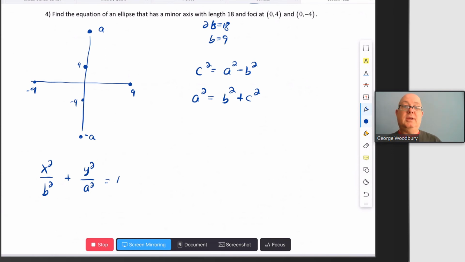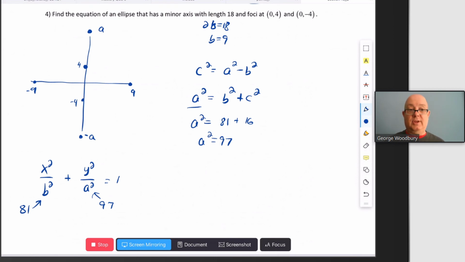We already know that b is 9, so this is going to be 81. When we solve for a squared here, we're going to have the other denominator. So here a squared equals 9 squared or 81 plus 4 squared or 16. a squared equals 97. So in the equation, 97 is going to go there.